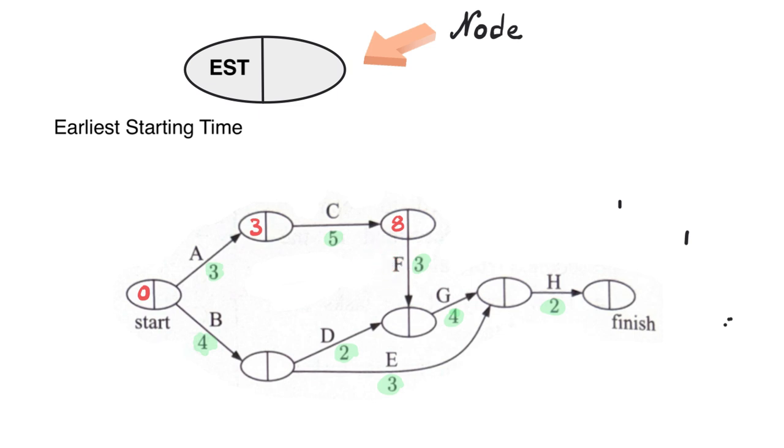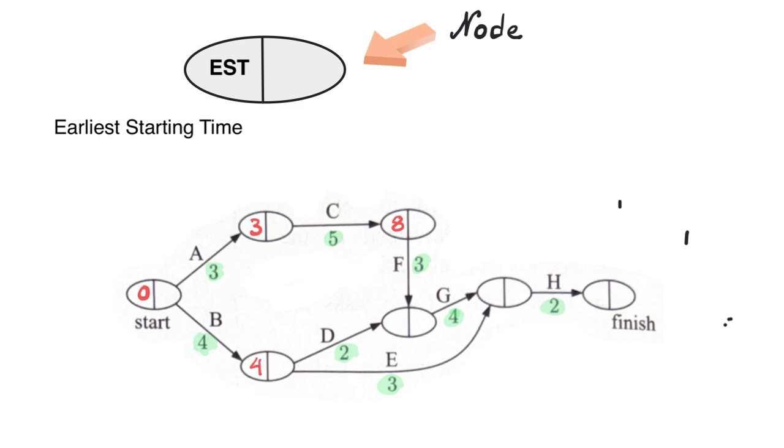To find the earliest starting time for task G, we need to go back and have a look at task B and D. Task B takes 4, could be minutes, hours, days, so we put 4 here.